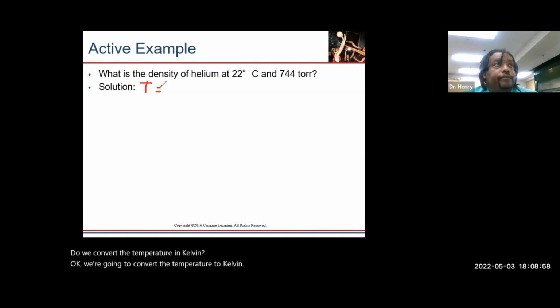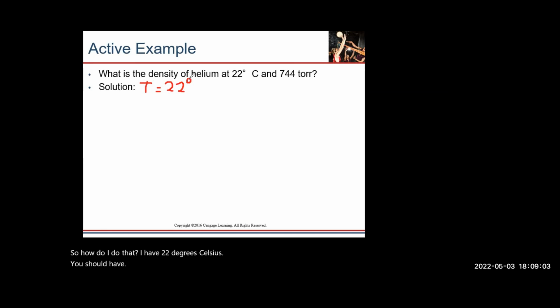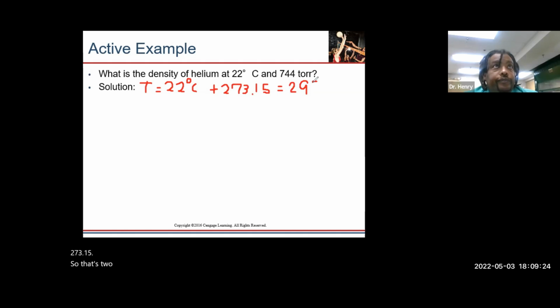I have 22 degrees Celsius, plus 273.15. So that's 295.15.